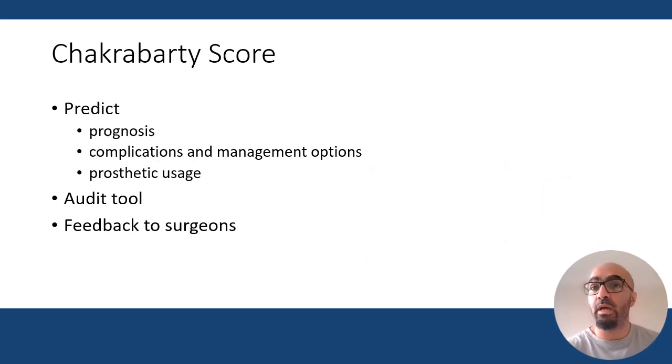Finally, we use this type of score, which is the Chakrabarty score. It's a scoring system which rates these different aspects of amputation that we have discussed, and gives a score out of 100. The higher the score, the better. It helps predict prognosis, complications, and usage, and can also be used as an audit tool and to help with feedback to the surgeons.